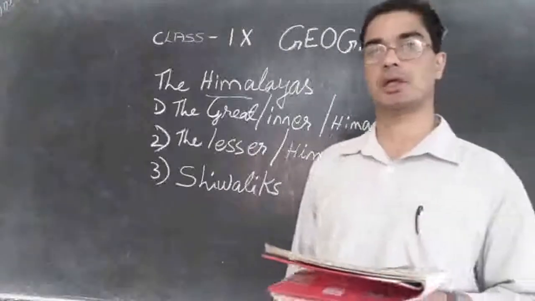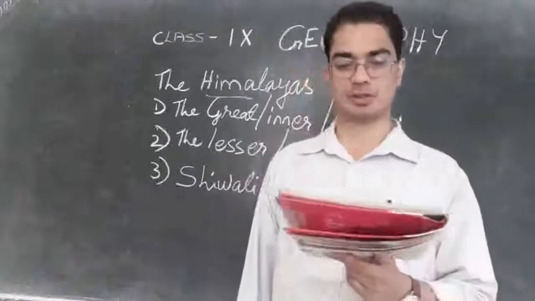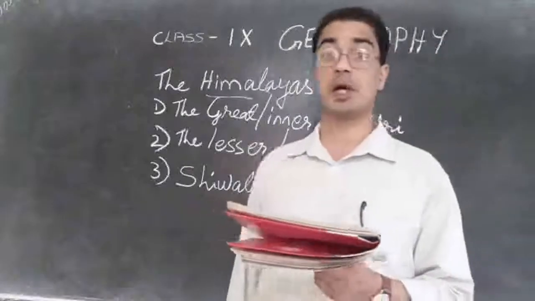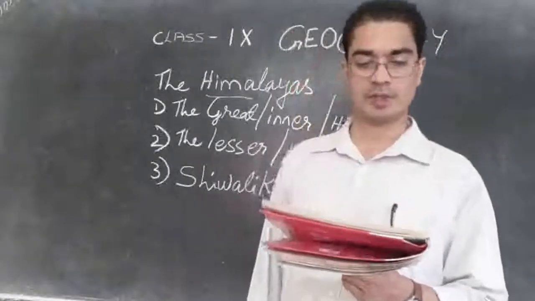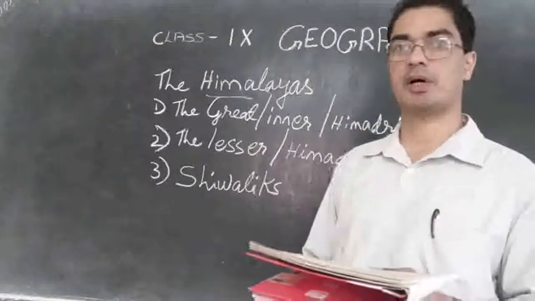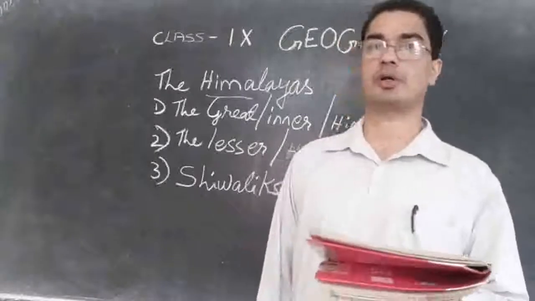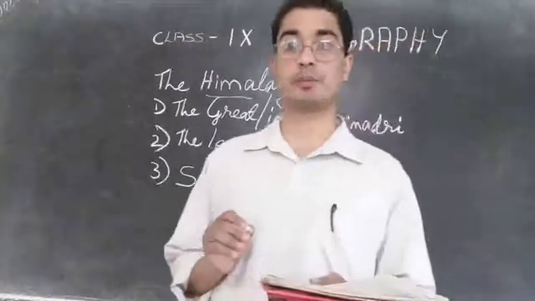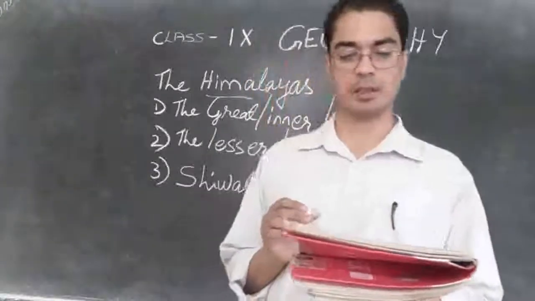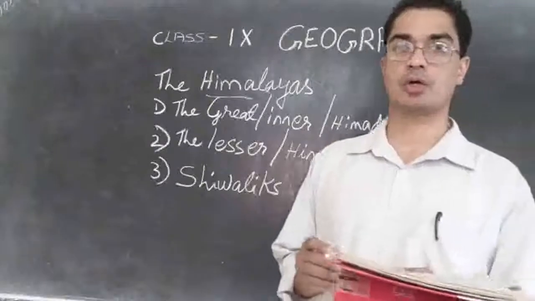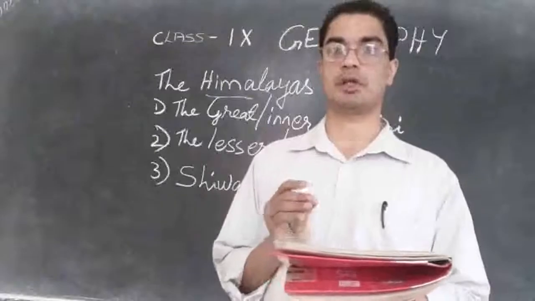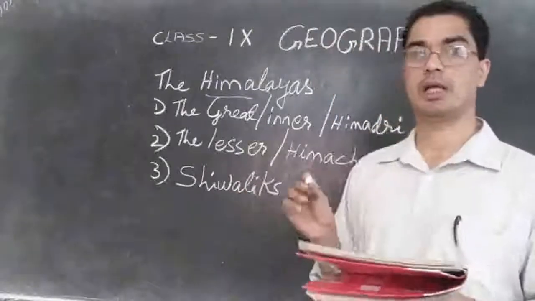So two other important ranges apart from the Pir Panjal range are the Dhauladhar range and the Mahabharat range. So you can underline the three most important ranges in this Lesser Himalaya.